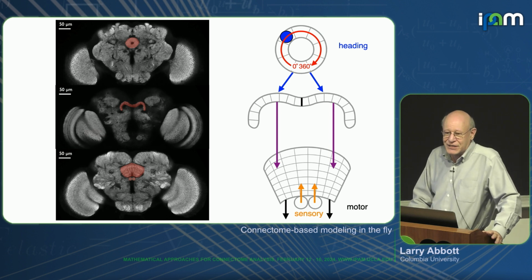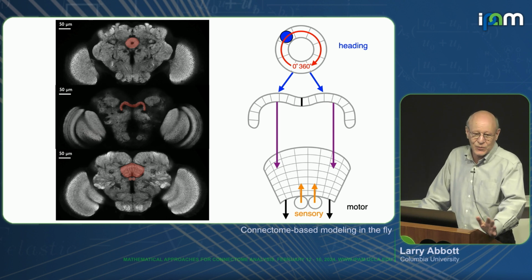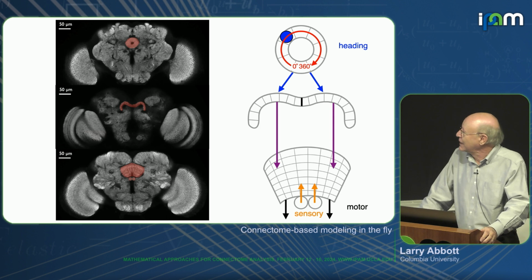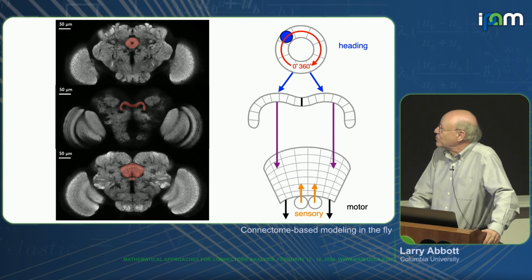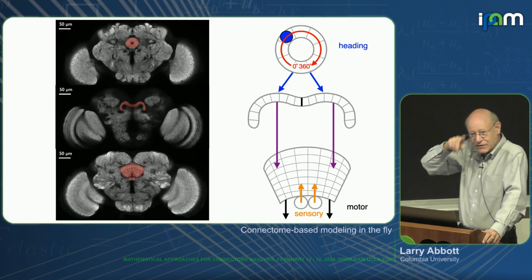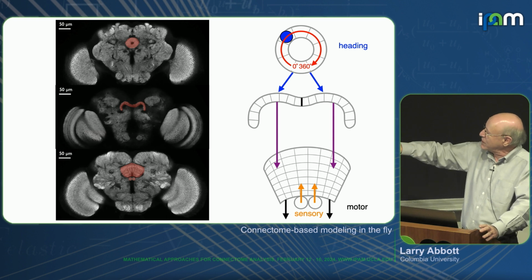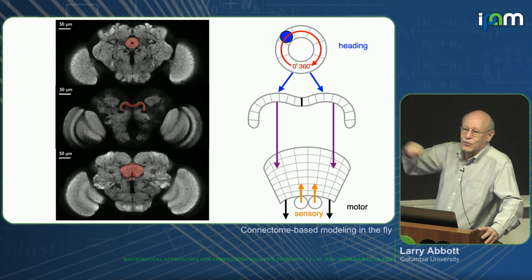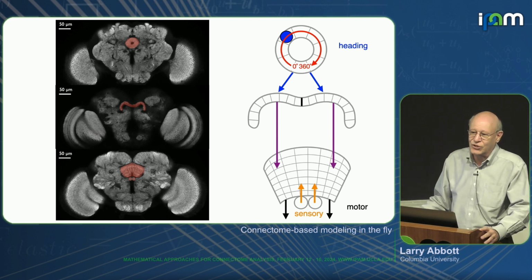A cool part of this system is that it can all be parameterized by angles, and that's really what makes the connectome work so well for this system. So obviously, the ring attractor, the circle in the ellipsoid body, can be parameterized by an angle that goes from 0 to 360, but as Vivek might have mentioned, you should really think of all of these structures. There are 4 of them, the left and the right sides of the protocerebral bridge and the fan-shaped body. Think of them all as circles.